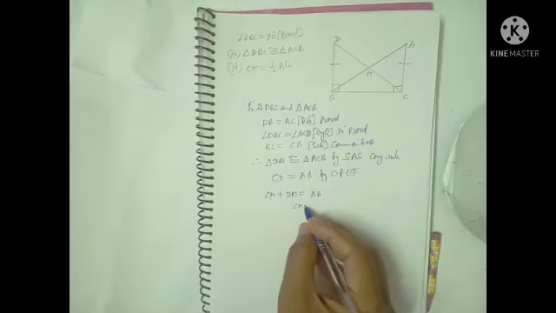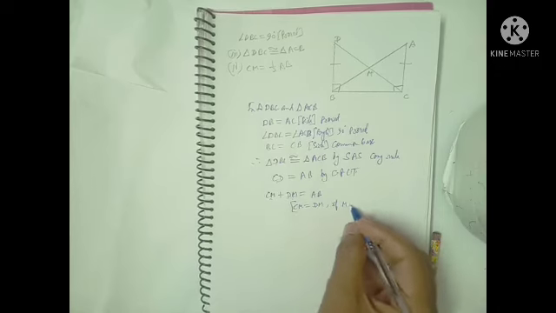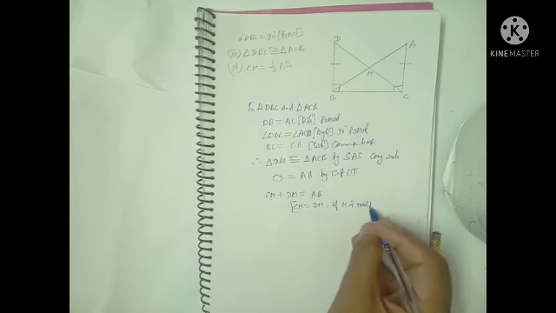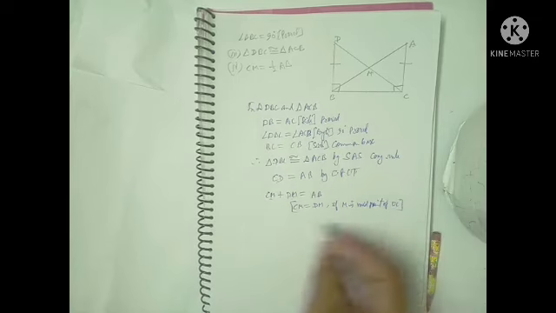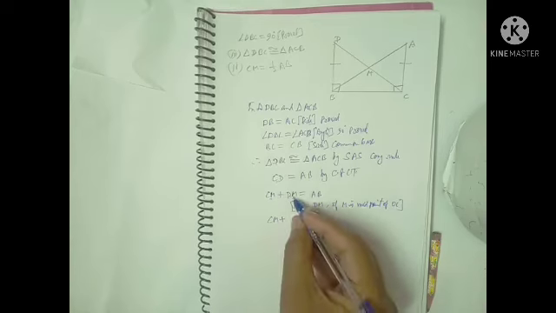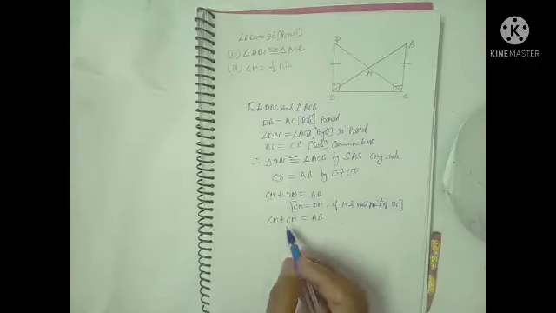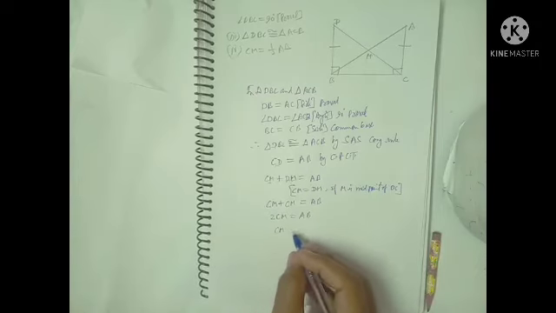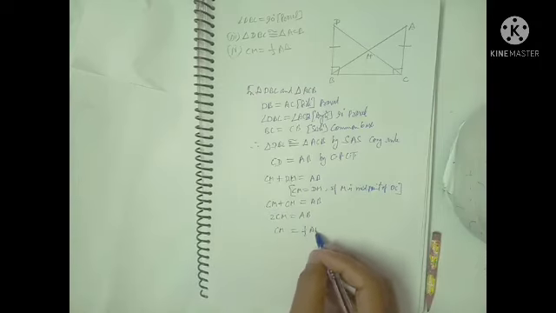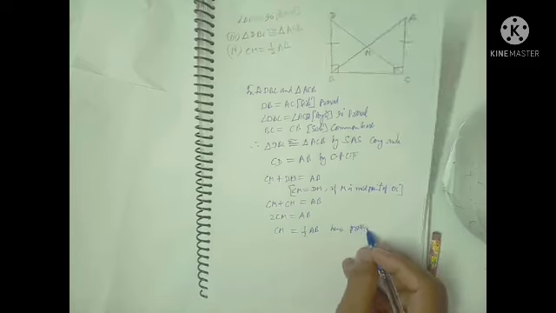Write CM is equal to DM, if M is the midpoint of DC. So in place of DM write CM. CM plus CM is equal to AB. Now CM plus CM is 2CM. 2CM is equal to AB. Now this 2 will go down by cross multiplication. Then CM is equal to 1 upon 2 AB. Hence proved. We have proved this part also.